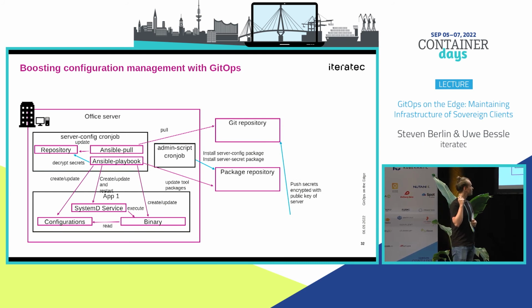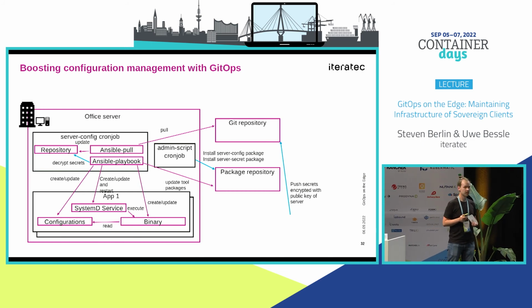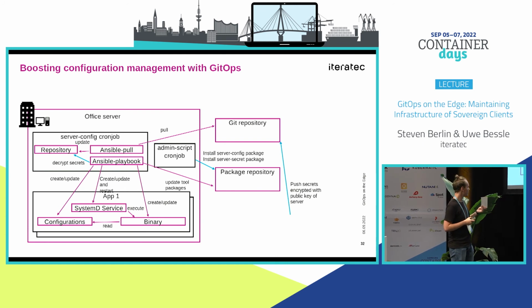Now, going forward, I think we have addressed the architecture that we have implemented here. What we want to concentrate on right now is that we can replace the rollout of packages and configurations by introducing containers.